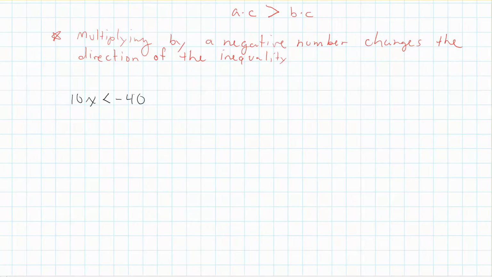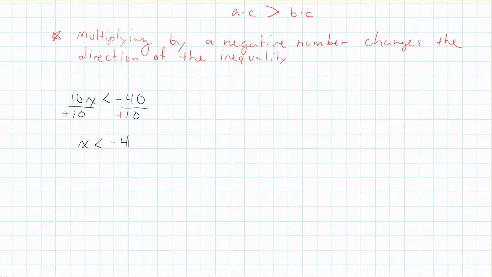And now to solve this one here, all we have to do is divide both sides by 10. Now, we don't typically write it here, but I'm going to emphasize when I'm dividing by 10, I'm dividing by a positive number, so the inequality direction does not change, and you'd have x less than negative 4.